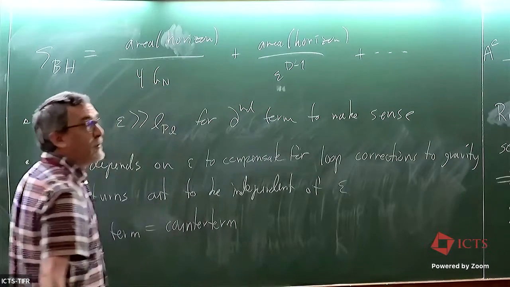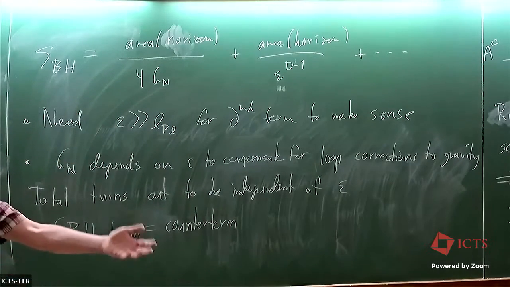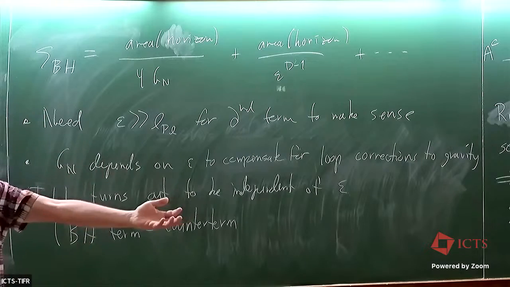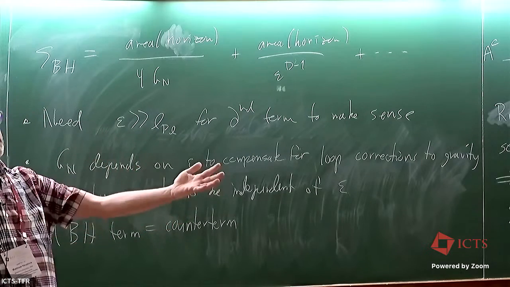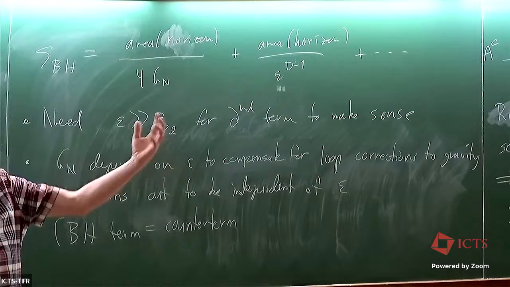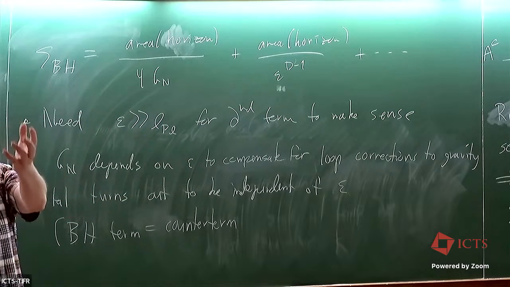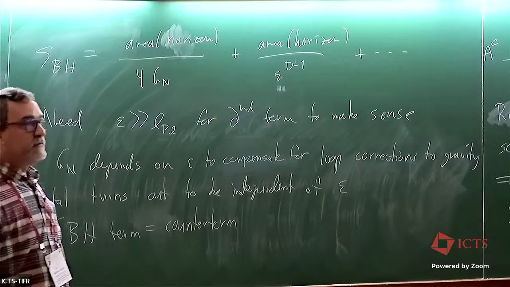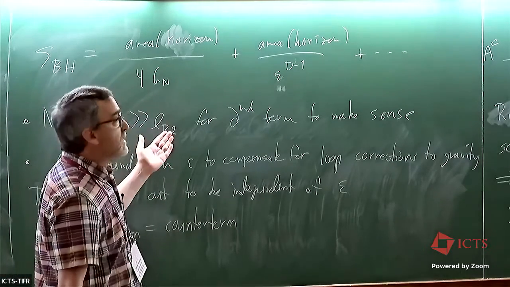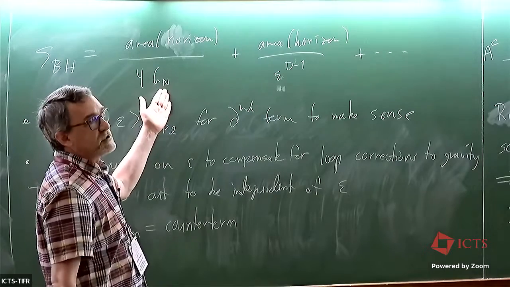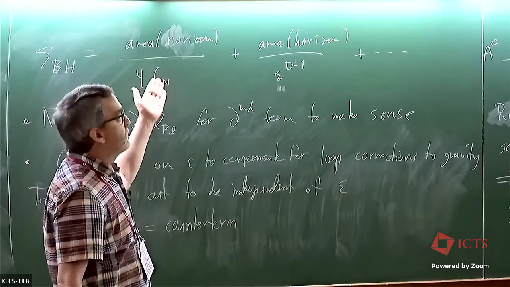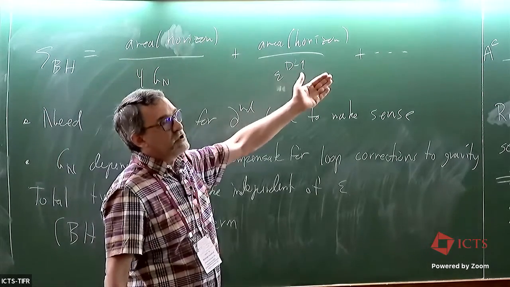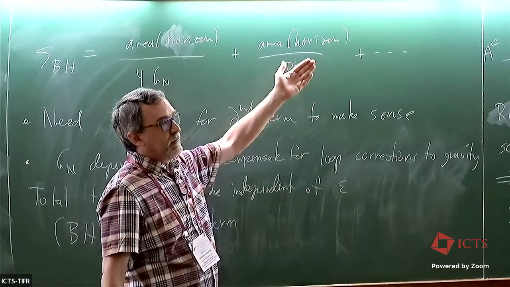When we do perturbative quantum field theory, we introduce a counter term, which is a term we add explicitly to the Lagrangian that depends explicitly on our cutoff, in such a way that the sum of that and whatever we get from our calculation is independent of the cutoff. And so that's exactly what's happening here: the explicit variation of this with the cutoff is canceling the variation of this.